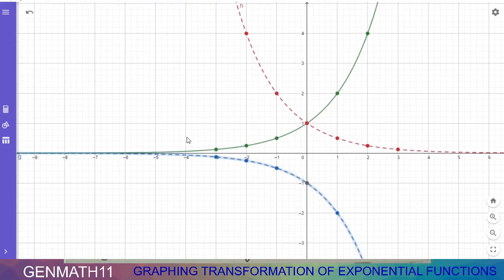So, yan. Tinuruan ko din naman kayo sa plotting of points, so pwede din yung gawin nyo. Kasi maaari dito sa table of values natin, kunwari, wala siyang pattern yung paglalagay ng values of x natin.